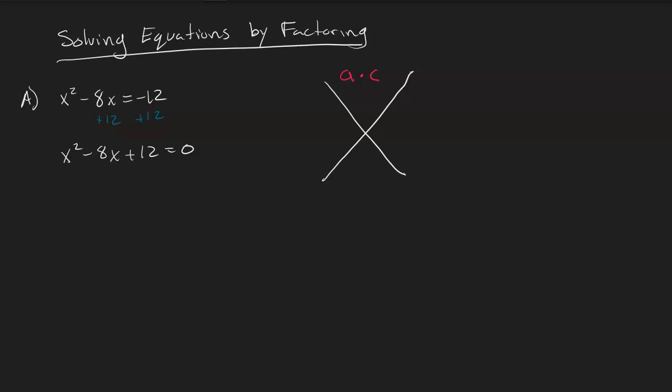So essentially I'm going to take my c and put my b down here. And I'm going to try to find an m value and an n value that when I multiply them together gives me my a times c up top, but when I add them together, it gives me my b down below. So again, I'm thinking of multiplication up here and addition down below.